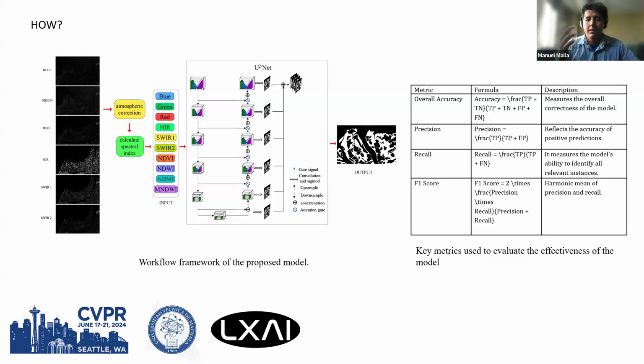Well, there's a variant of U2-Net, but I decided to use this model in specific because it is mainly designed for salient object detection, and in this case, we are going to use mangrove landscape images as input.